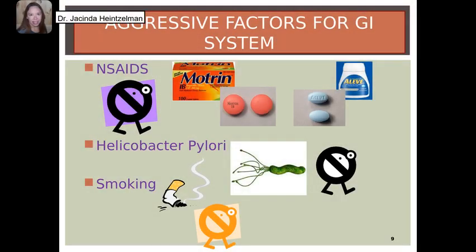On this slide are common aggressive factors that can cause complications within the GI system. And these are things that are commonly used or common within our patients within society. So NSAIDs, a lot of people take NSAIDs. Our examples are Motrin, ibuprofen, Aleve. These are all over-the-counter products.